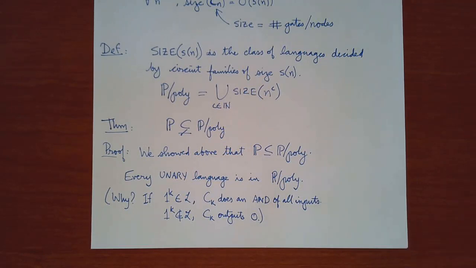Okay. Now that every unary language is in P/poly, how do you find a unary language that's not in P? Now just do something undecidable. Exactly, right? You just take the halting problem and encode it in unary.